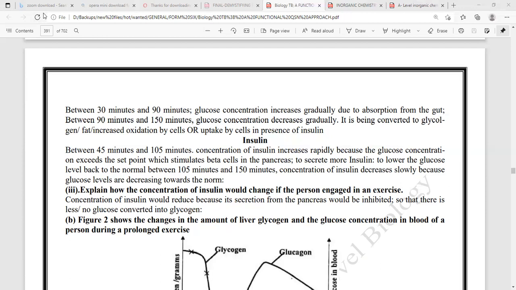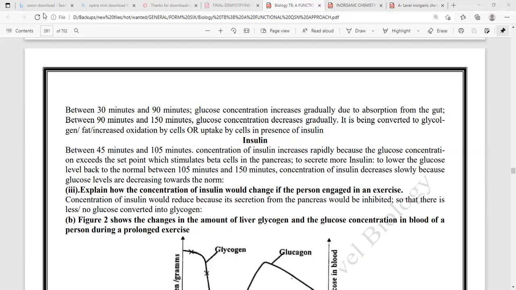Because when you're exercising, you need ATP. Now, you are using up glucose. It is being metabolized to provide energy. So what is going to happen?